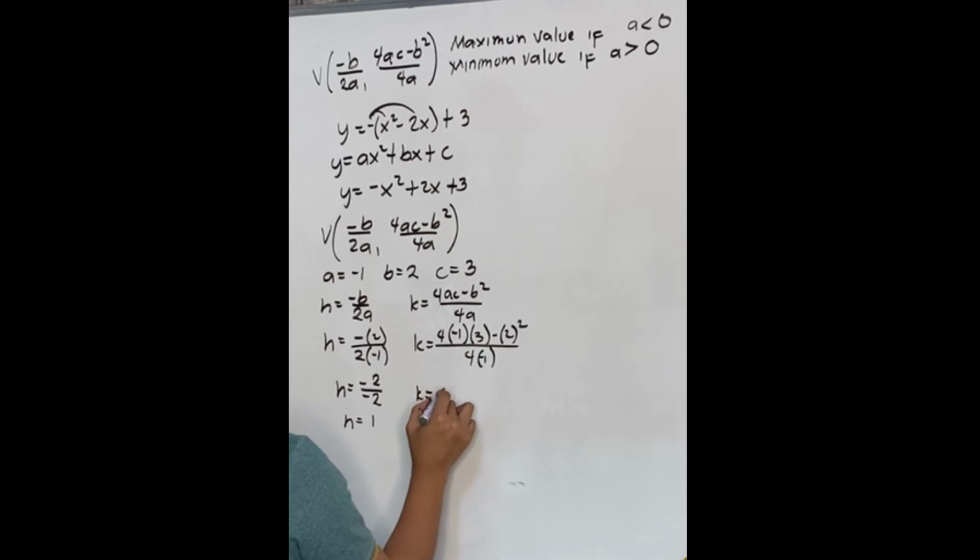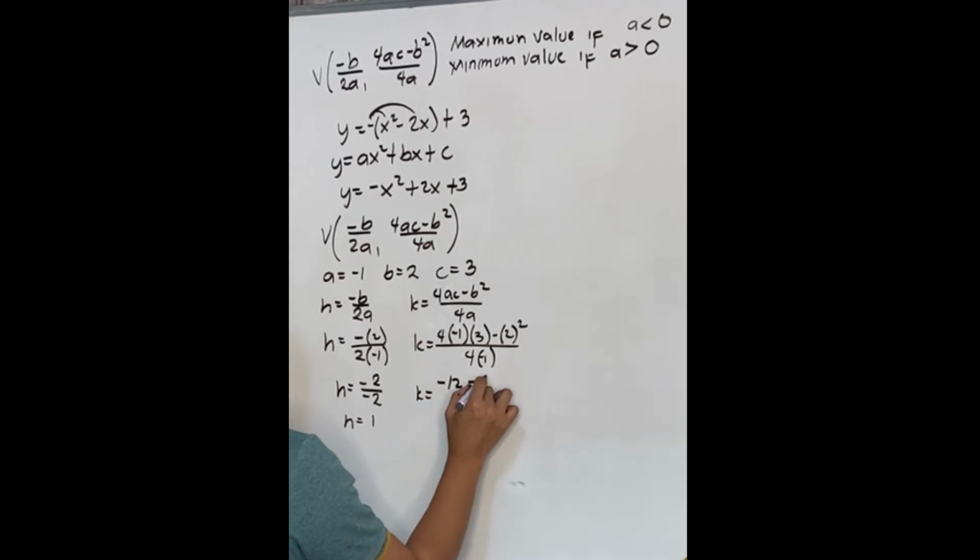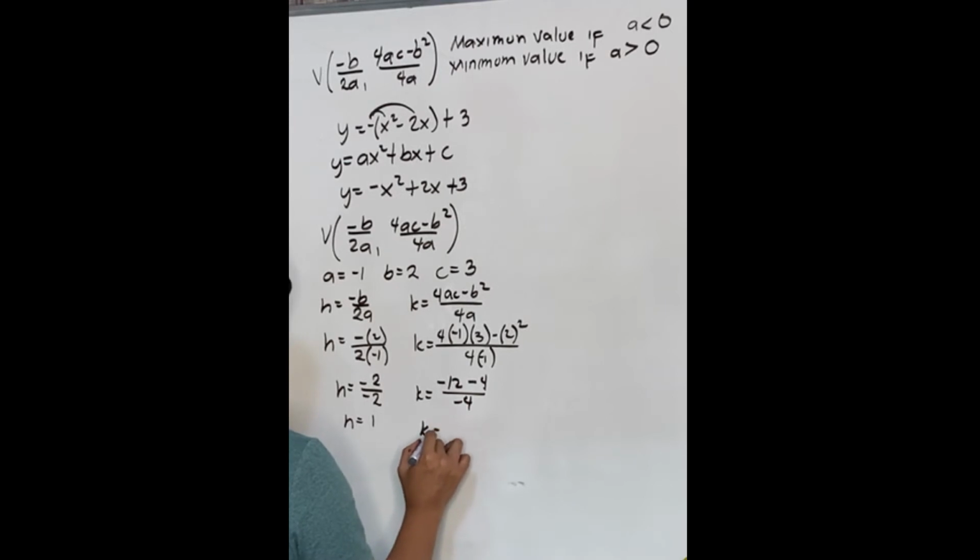K will be equal to 4 times negative 1 times 3 is negative 12, minus 4, all over negative 4. K is equal to negative 16 over negative 4. K is equal to positive 4. Therefore, our vertex is (1, 4).